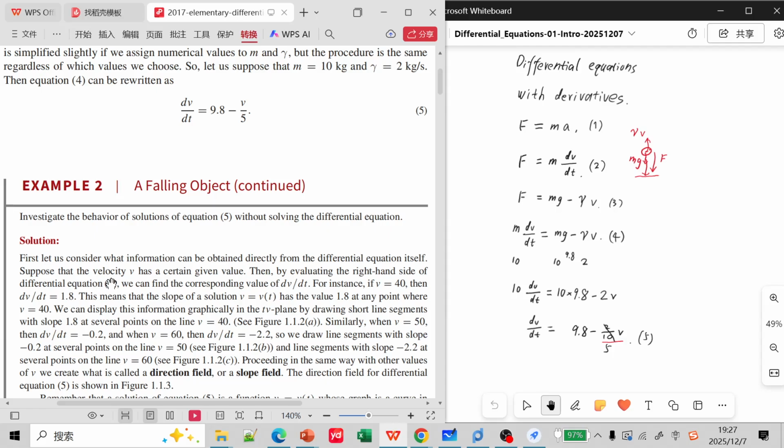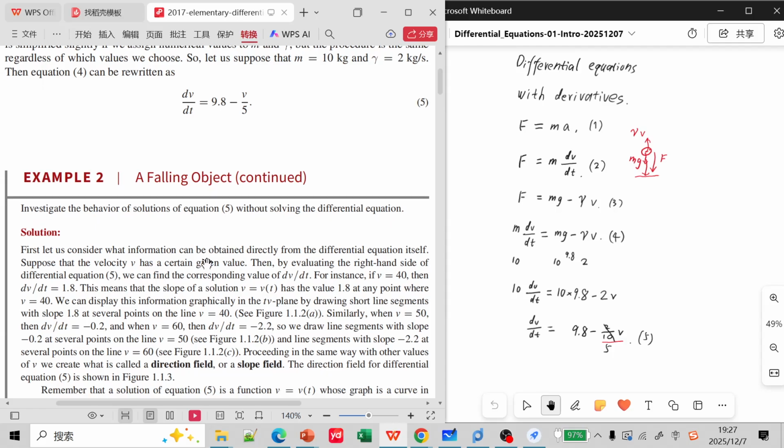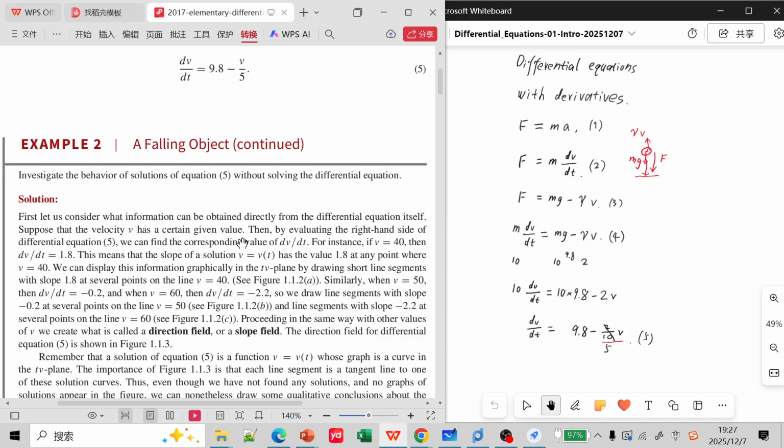Suppose that the velocity v has a certain given value. Then, by evaluating the right-hand side of differential equation 5, we can find the corresponding value of dv over dt. For instance, if v is equal to 40, then dv over dt is equal to 1.8.